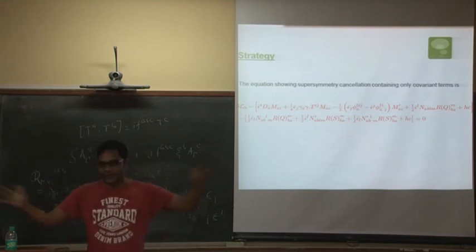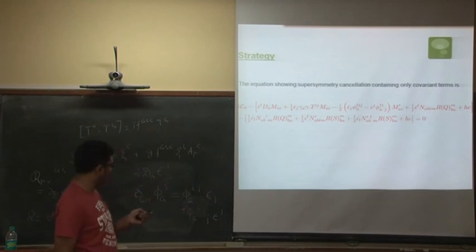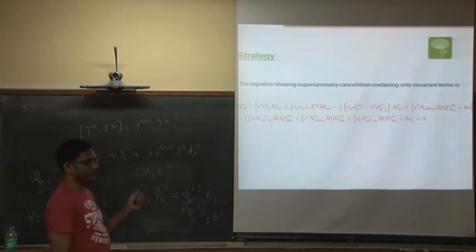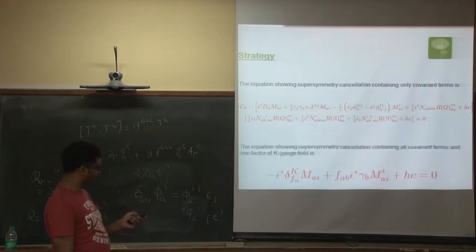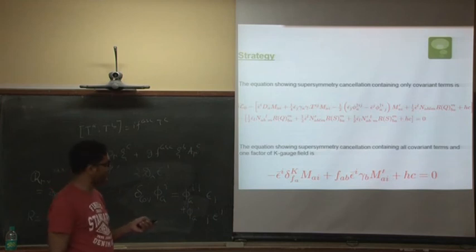I don't want to write it down, it is too huge, so I just use this shorthand to write down the equations. Okay, and this is how you get the equations which come from the supersymmetry variation of that ansatz that contains only covariant factors.